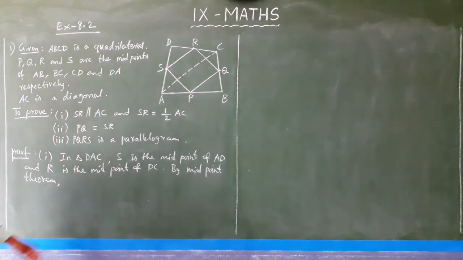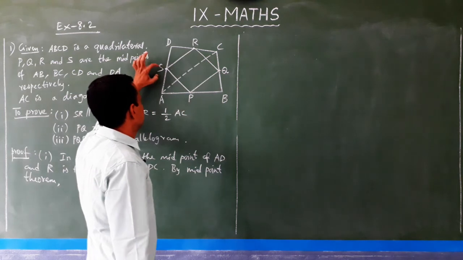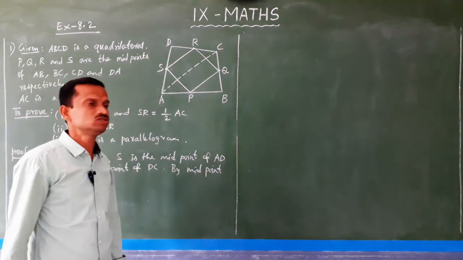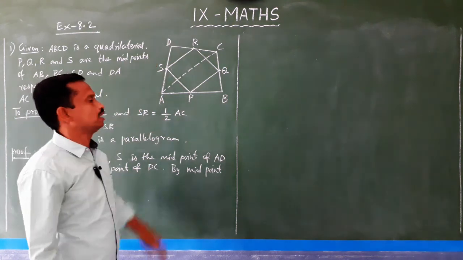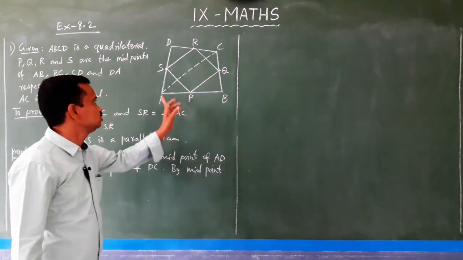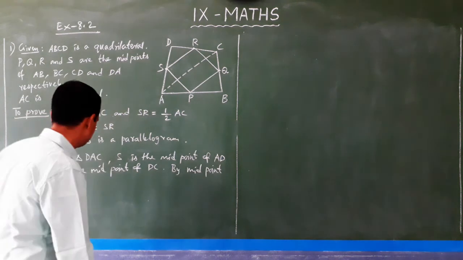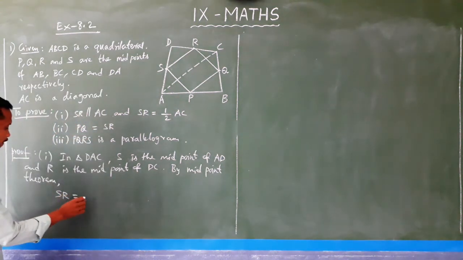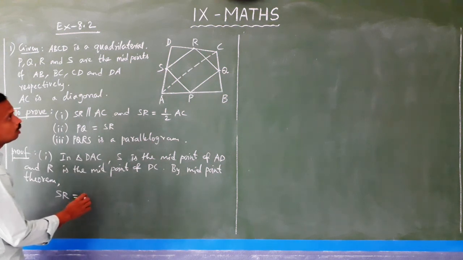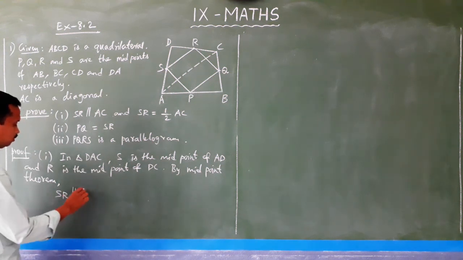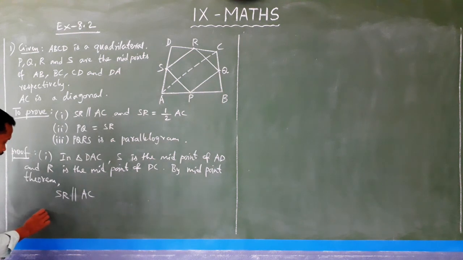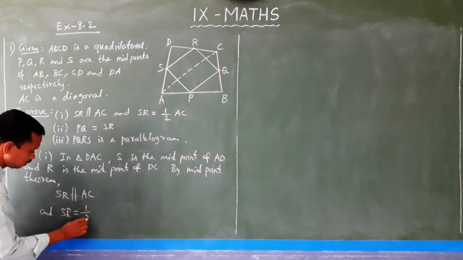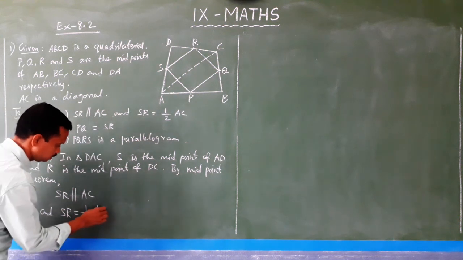By the midpoint theorem, in a triangle, if the midpoints of two sides are joined, then that segment will be parallel to the third side, that is here AC. So we can say SR is parallel to AC and SR is equal to half of AC.